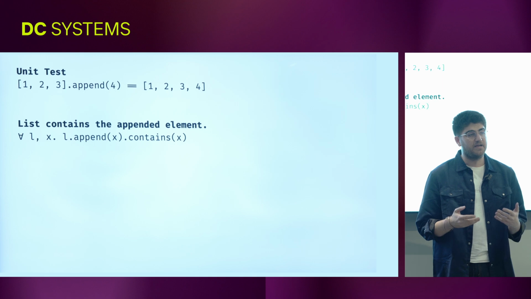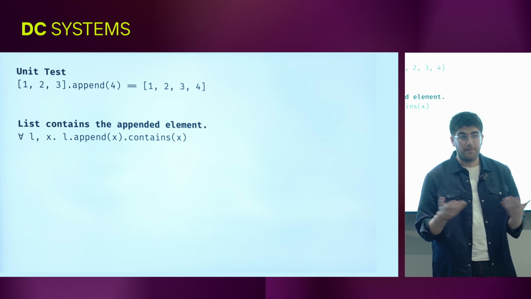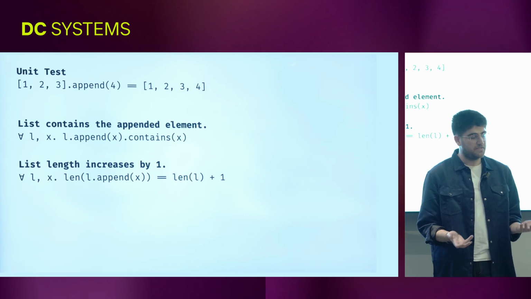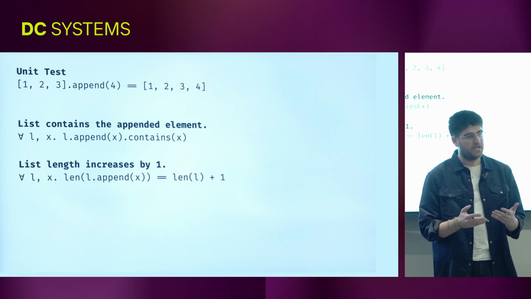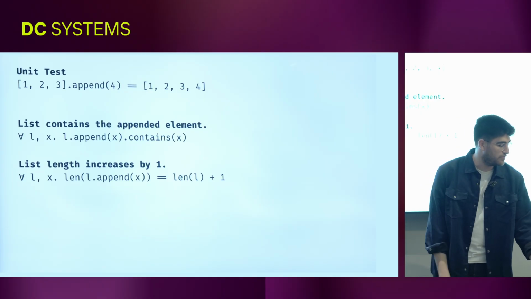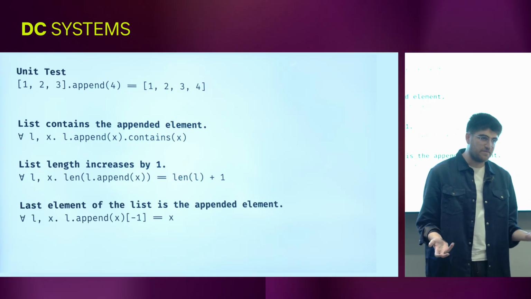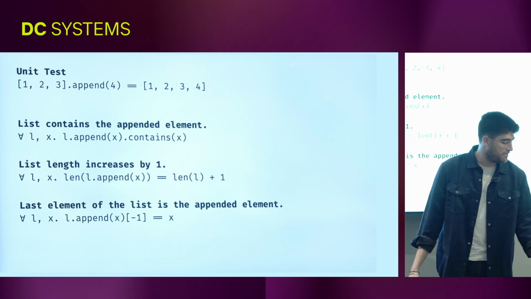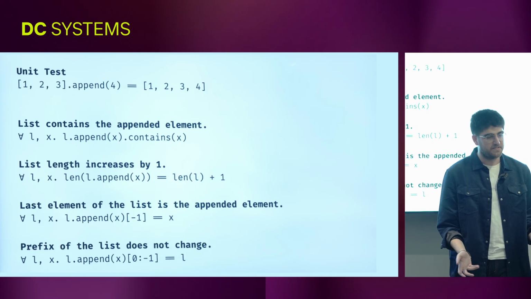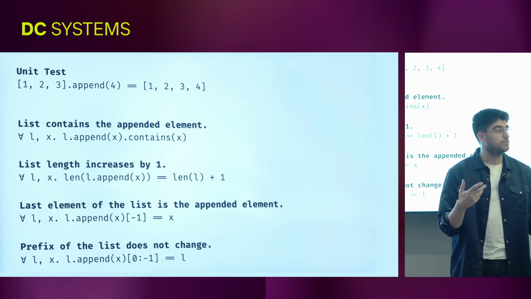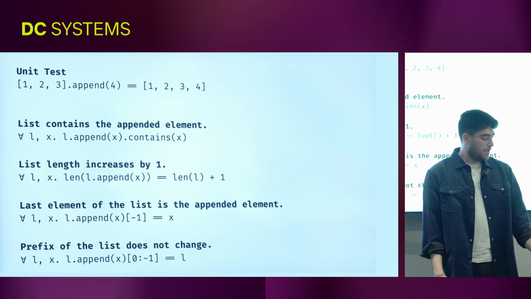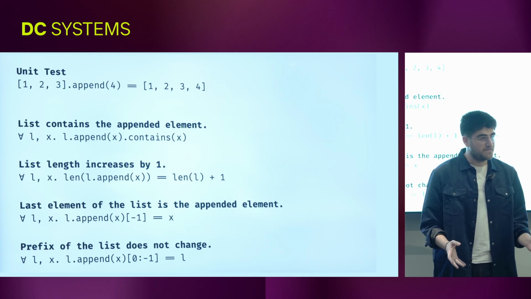One of these could be that the list contains the appended element, or that the resulting list is going to have a length of +1 with respect to the original one, or that the last element of the list is the appended element, or that the prefix of the list doesn't change. It is actually sufficient to have the last 3 to define the behavior of the list append fully. So that's what a property is.